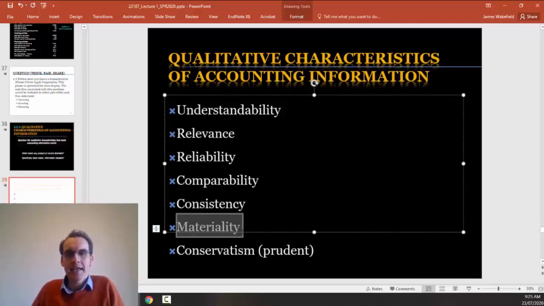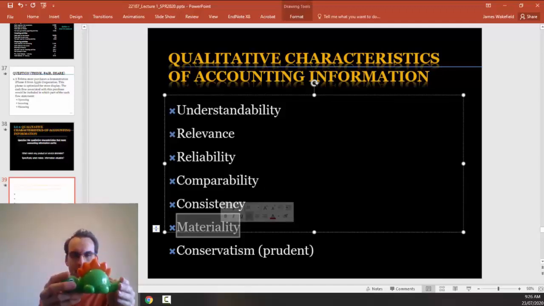Materiality: is information that is material to our decision-making process included? Do we include all items people should know about? Do we make sure that we don't leave anything out that is important to the overall business performance and position? Some businesses, for example, if I go back to my tape dispenser, will immediately expense an asset like this and include it as part of the expenses in the income statement because they only paid $5 for it.